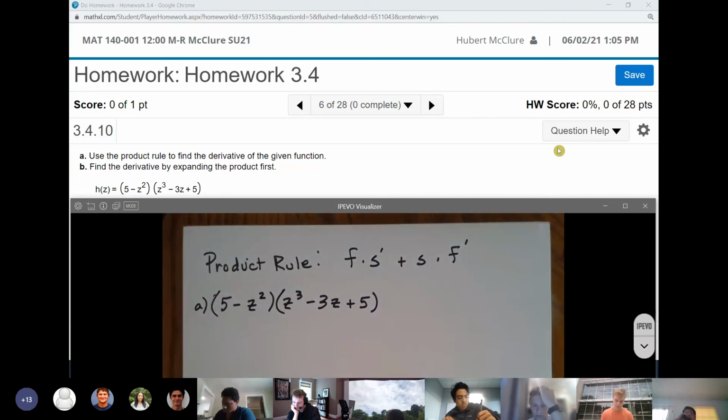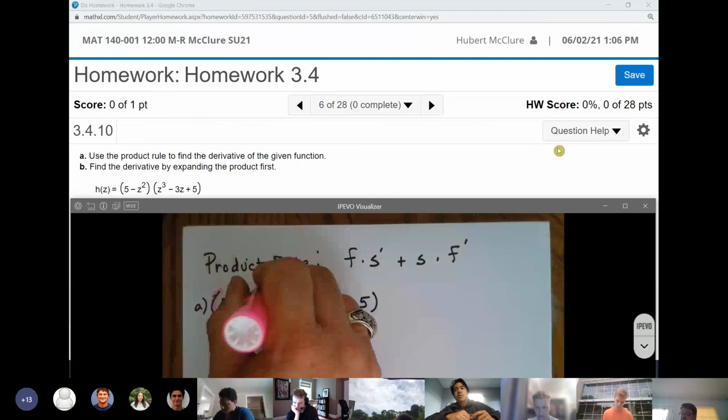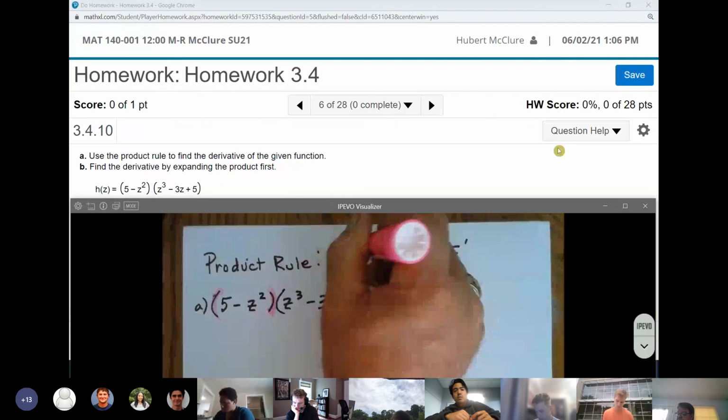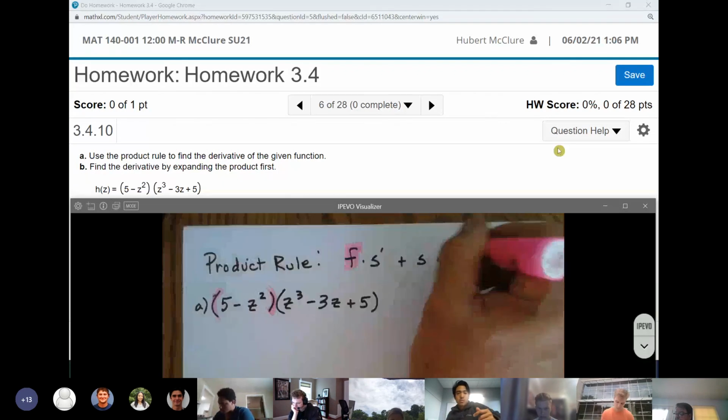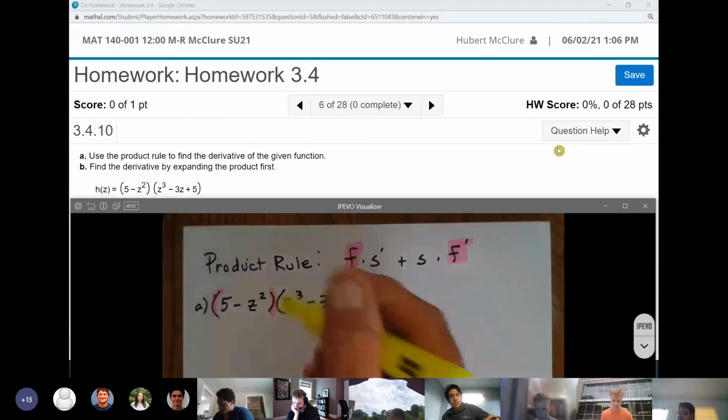Which way do we read? Left to right. So which one's your first? 5 minus z squared. Okay, I'm going to put that in, and that's going to be my first. That leaves this as the second.